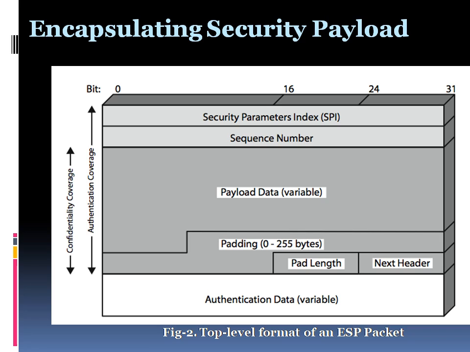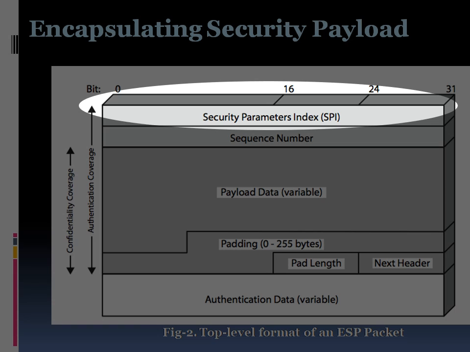Coming towards the application of each field, let us first see what we mean by security parameters index or SPI. The security parameters index is of 32 bits and this field identifies the type of security association that has been used.